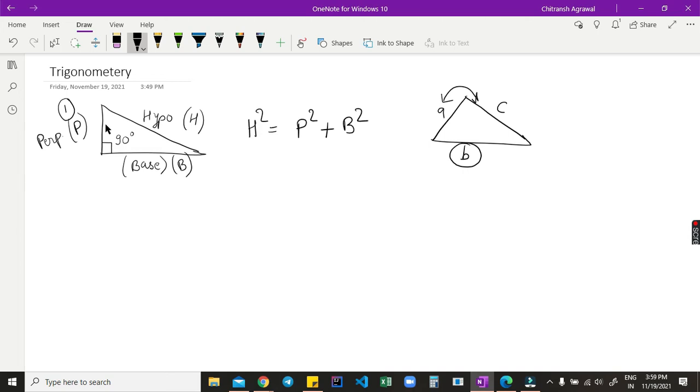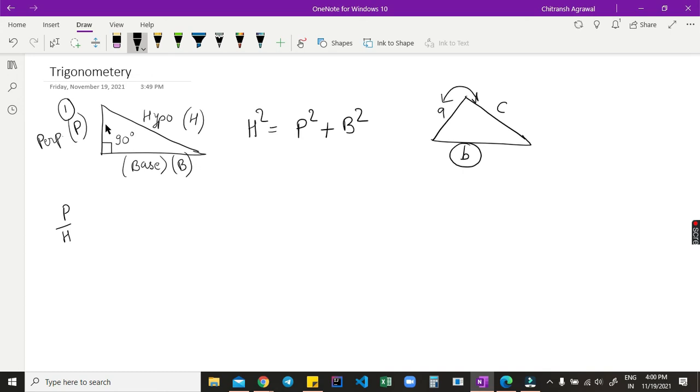So if we look at this triangle, there are three sides. First is perpendicular, second is base, and third is hypotenuse. So using the three sides, we can find the ratio of all of them in various combinations. For example, one of the ratios which we can take is perpendicular upon hypotenuse.